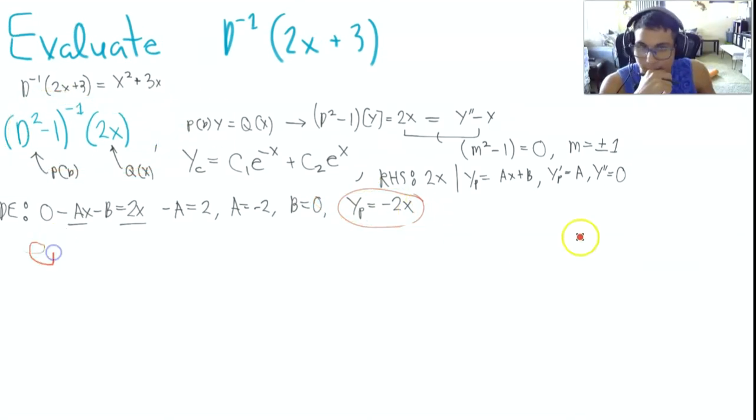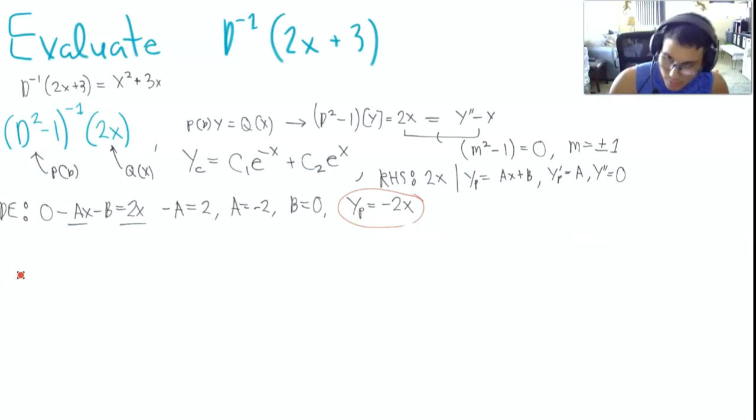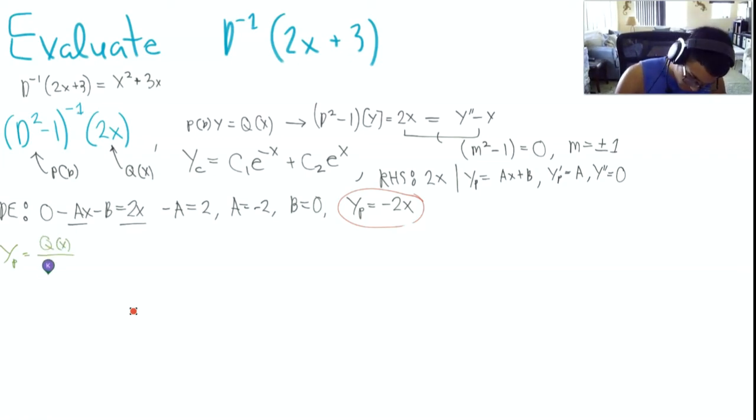Okay, so I did it and I got the same answer, but I explained it terribly. So I'm going to do it again, try to make it a lot more friendly. Okay, so we already said that this is P of D and that this is Q of X. Now let's just note the form. This is from the textbook, that yp comes in this form, Q of X over P of D. Let's be even more precise, because what is this?